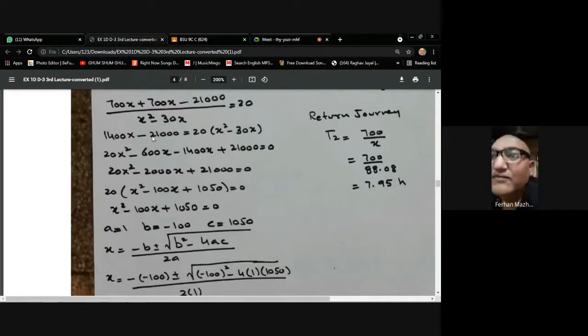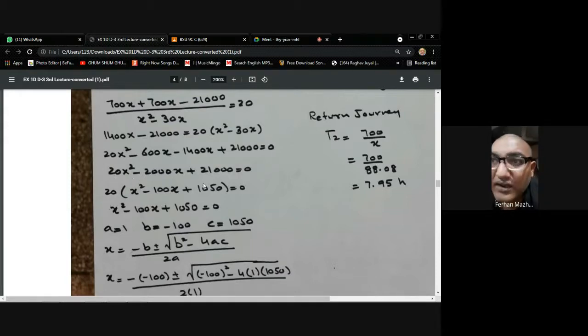Take these two to the other side so that they go to the right side. So you will have 20x square minus, 20 times 30 makes 600x. And this 1400x, when it goes to the other side, becomes minus 1400x plus 21,000 equals to 0. So we will have 20x square minus 2000x plus 21,000 equals to 0.